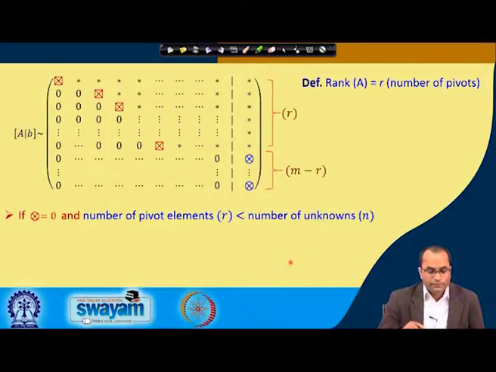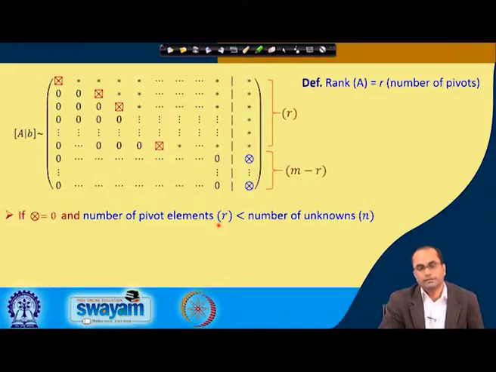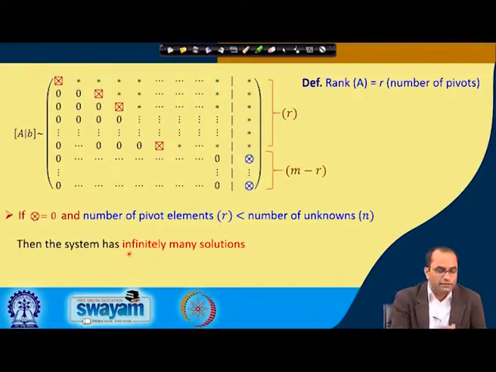Now coming to another possibility: this is 0, meaning we have consistency, and the number of pivot elements is less than the number of unknowns. In this case the system will have infinitely many solutions.